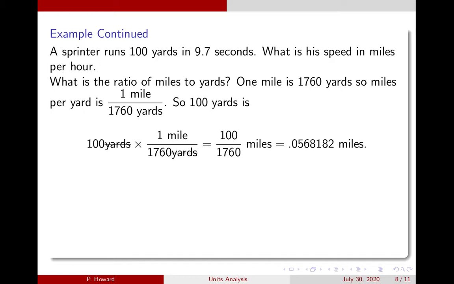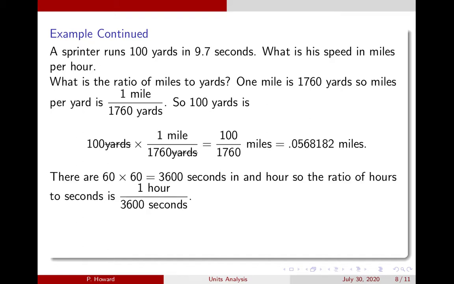Okay, now we'll work on converting the 9.7 seconds to hours. Okay, so there are 60 seconds in a minute and 60 minutes in an hour, so 3,600 seconds in 1 hour. So the ratio of hours to seconds, hours per second, is 1 over 3,600.